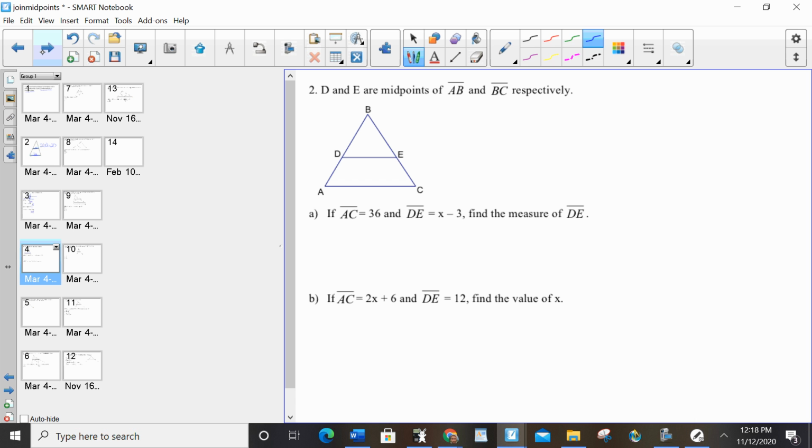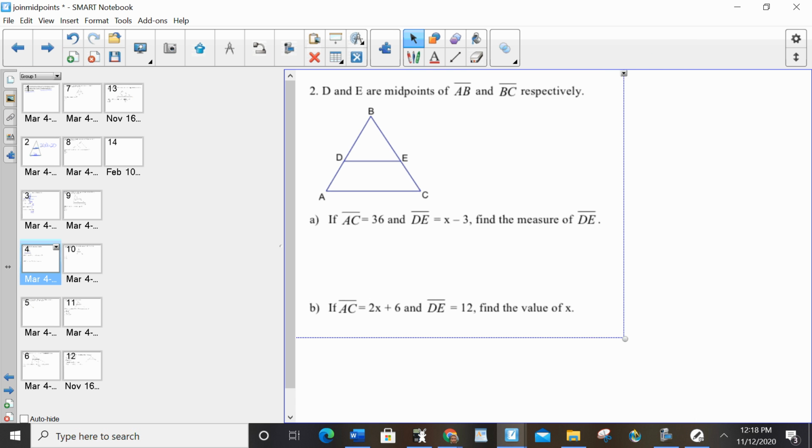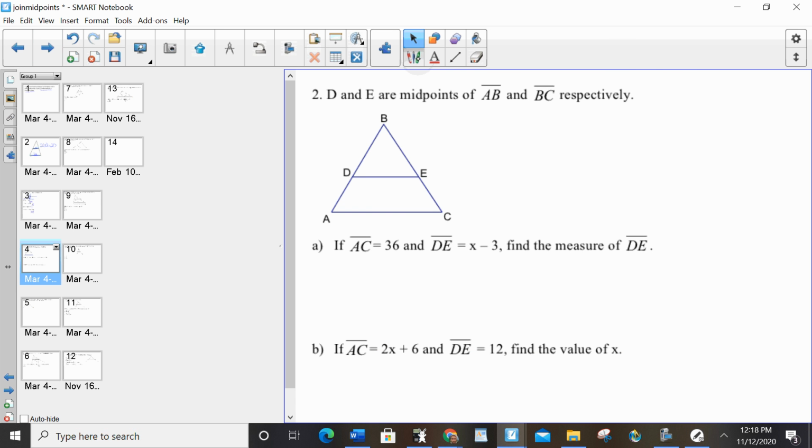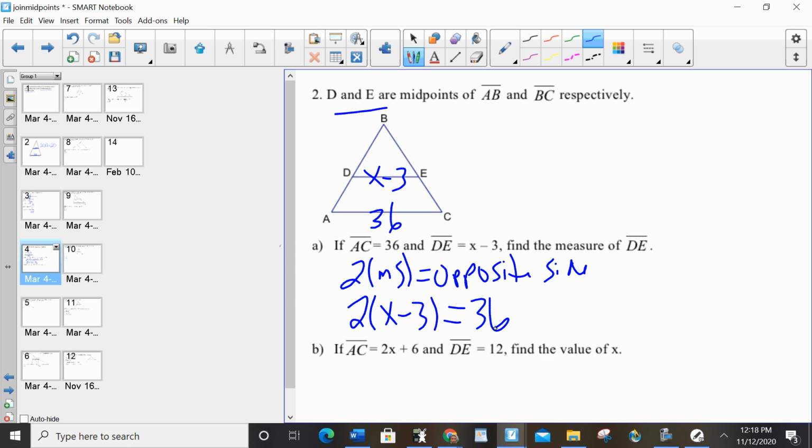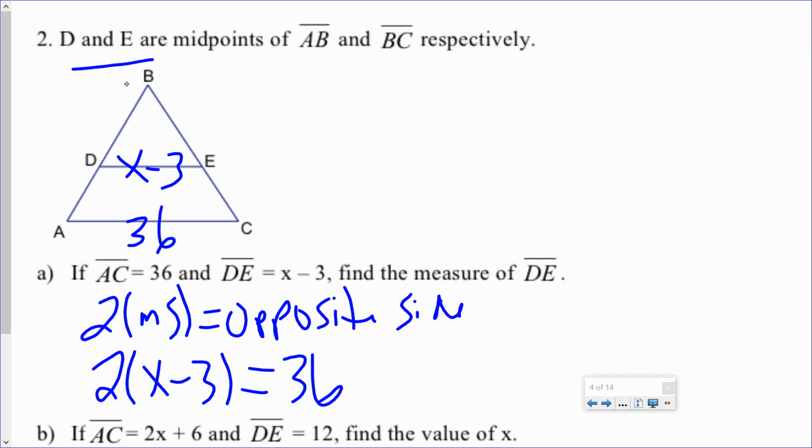Now we're going to start incorporating some algebra into this. If AC is 36 and DE is x minus 3, because I have a midsegment here, 2 times the midsegment equals the opposite side. So 2 times x minus 3 equals 36. That's how you'd set it up.